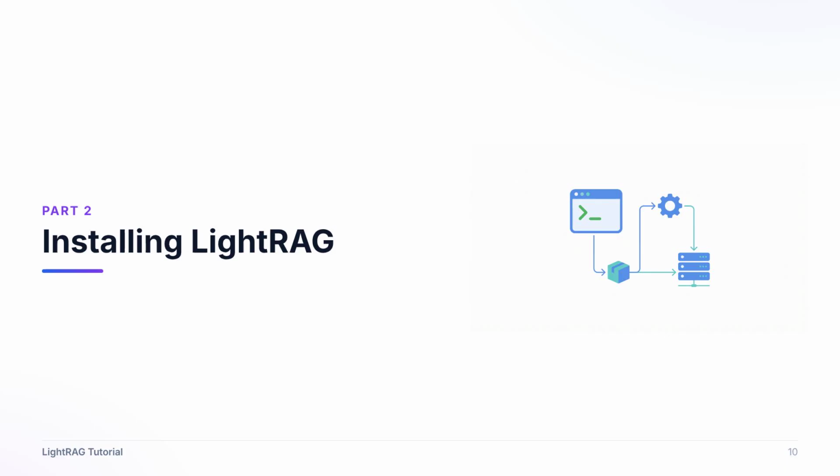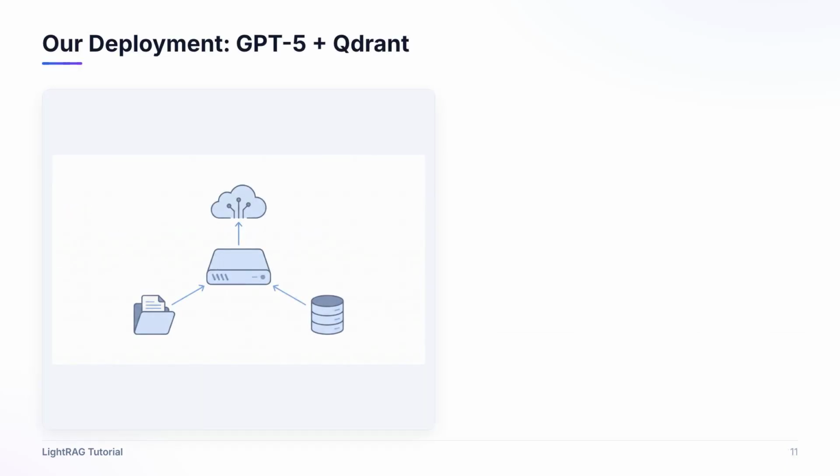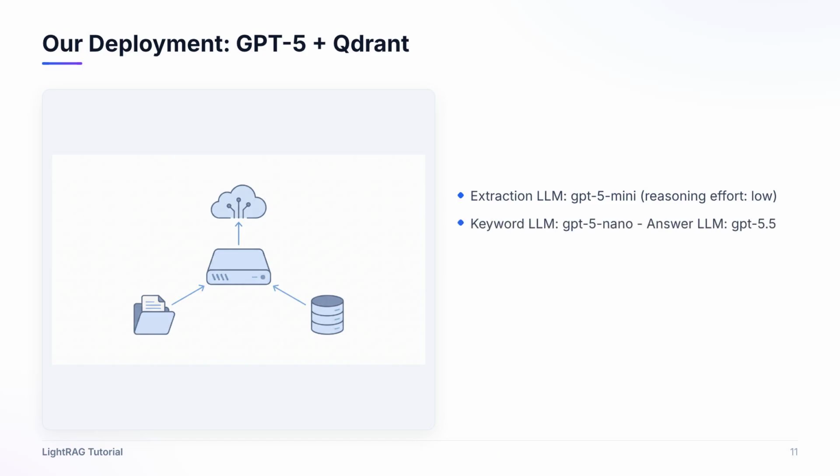Now let's get LightRAG running on a real machine. We'll wire it to OpenAI's GPT-5 family for the language model and embeddings, and to a Qdrant container for the vector store. Here is the deployment we built. Entity extraction, which makes the most calls, uses the cost-effective GPT-5 Mini. Keyword extraction uses the cheapest tier, GPT-5 Nano.